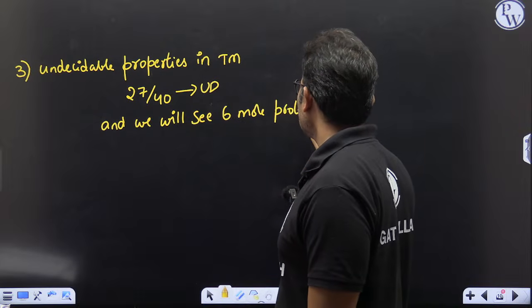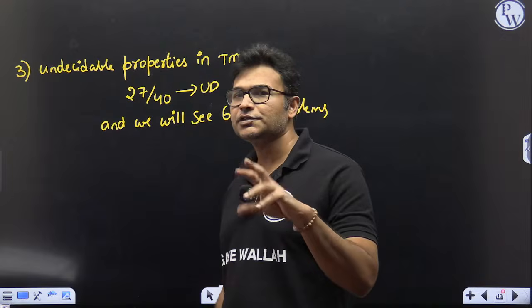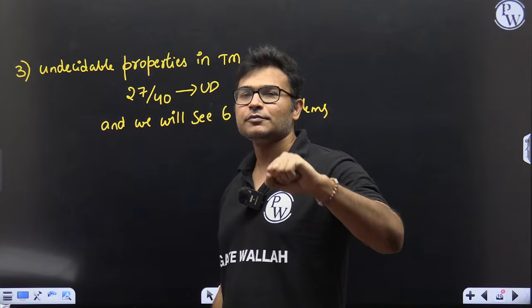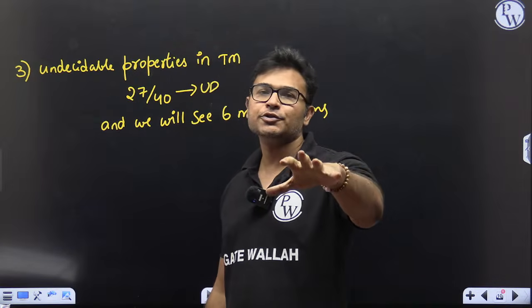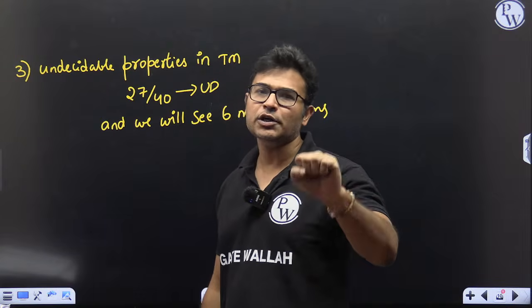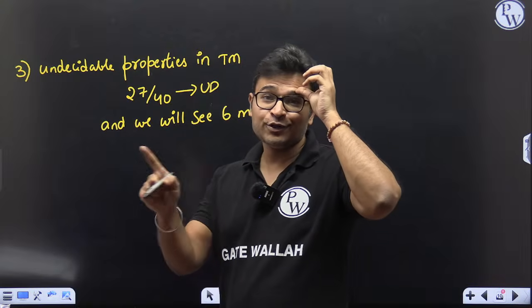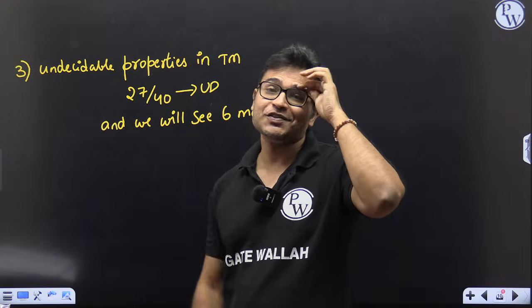So undecidability problems, I will tell you one thing. In the GATE exam, if you get a question about Turing machines, and the question is about undecidability or decidability, if you blindly tick undecidable, there is a 90% chance that it is the right answer.